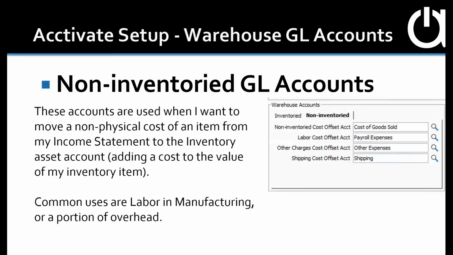Other charges we can use for things like overhead. If I want to take a portion of my overhead in manufacturing and allocate it to the cost of that inventory, move it to the balance sheet until it's sold. This is where I would set up all of those accounts. So the setup is critical, of course, because the more setup we do in prep, the more accurate our financials are going to be.